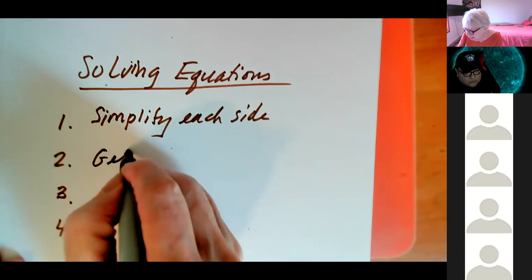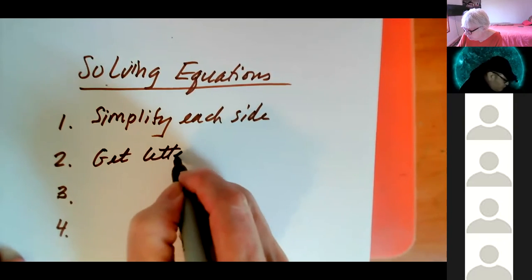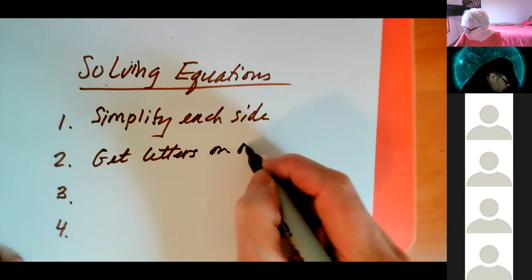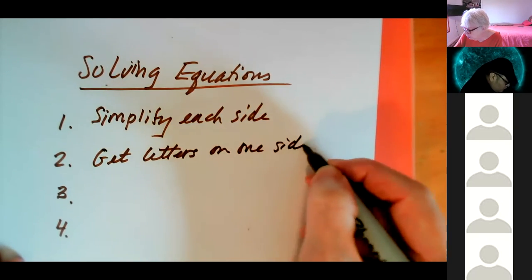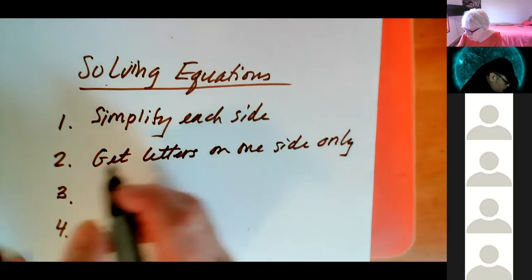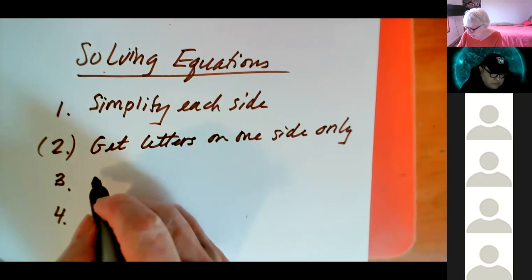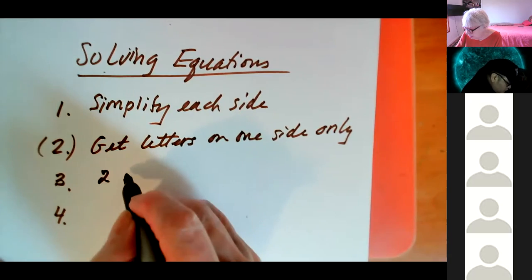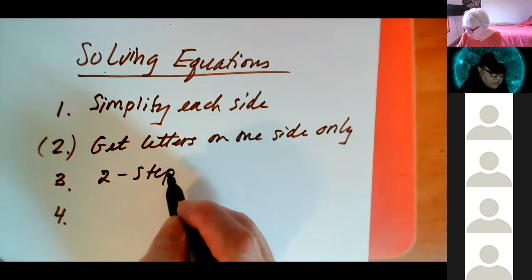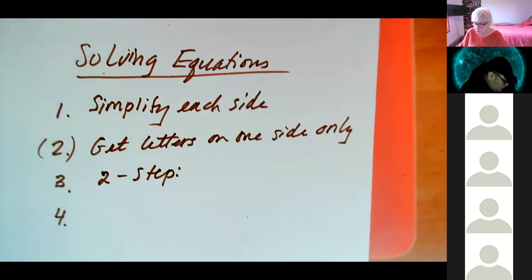This step here is not going to apply yet. We're going to get the letters on one side only. This will eventually come up. And so we'll save that. The next step is what I call a 2-step problem.